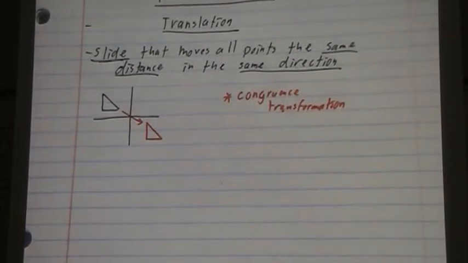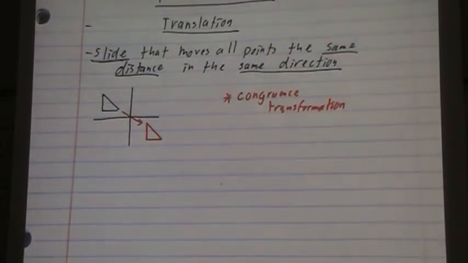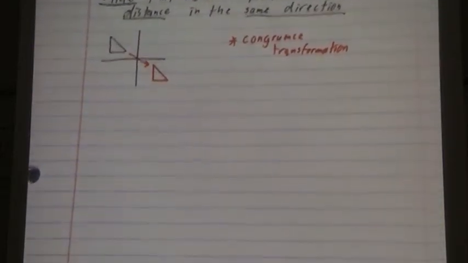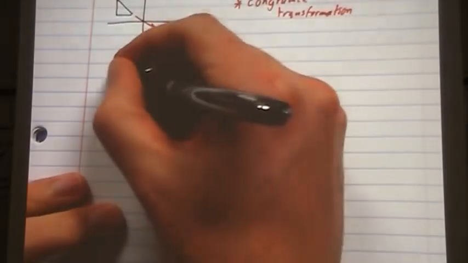Now, ways that you're going to hear translations. Sometimes a question might straight up say, hey, translate the object 5 units right and 8 units down, something like that. And all you're going to do is follow the directions. But a few problems will look a little different, and here's what they look like.